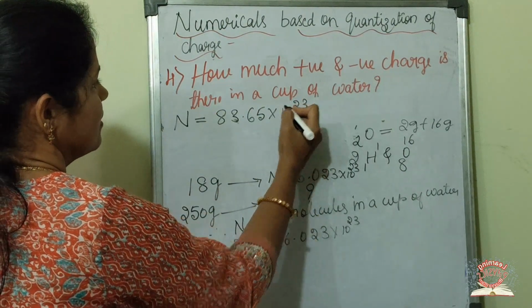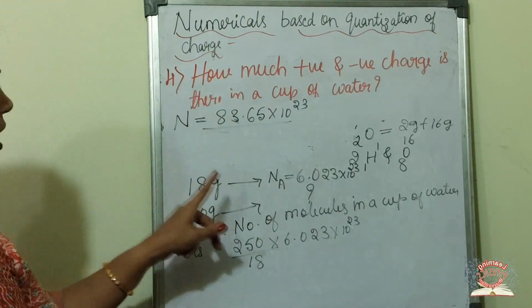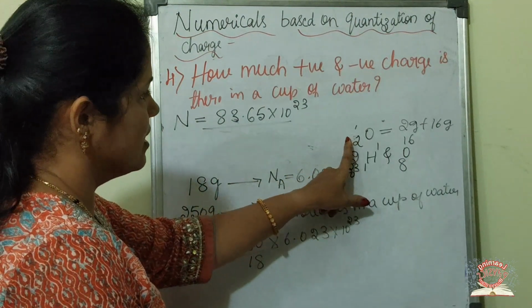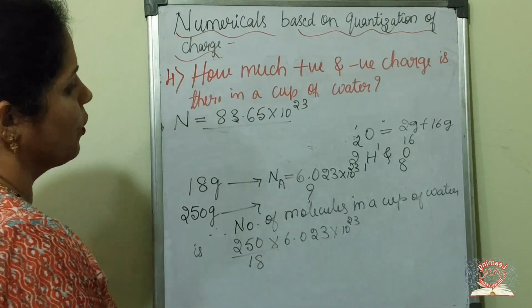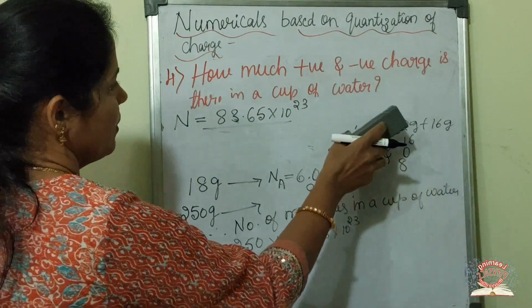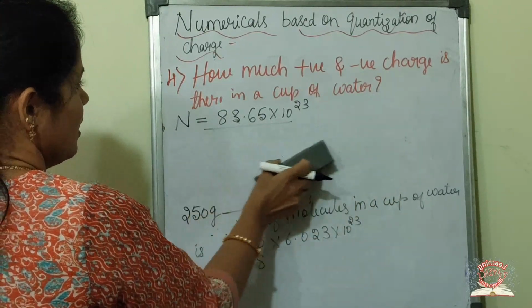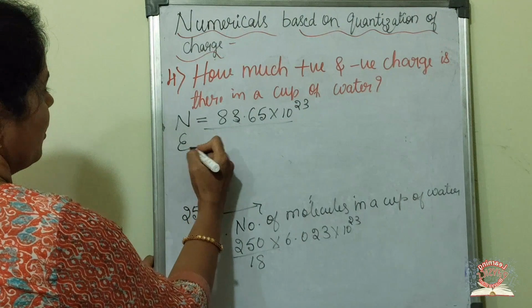Now, see, each molecule of water, that is H2O, contains how many electrons or how many protons?